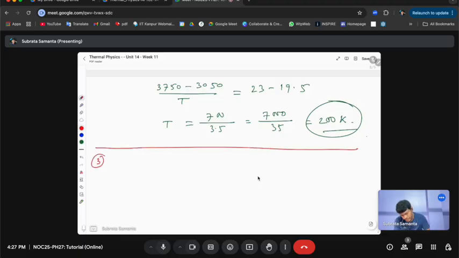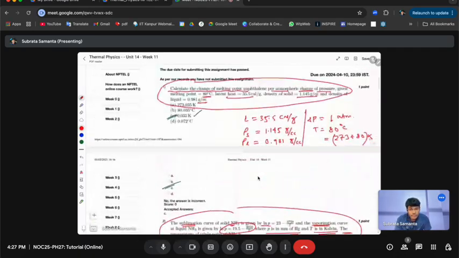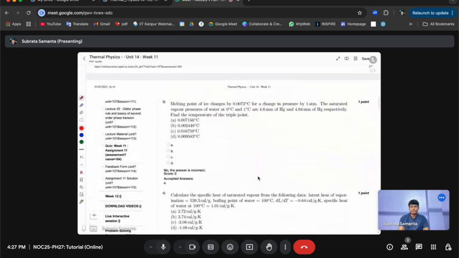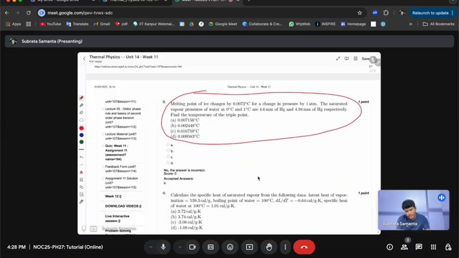This is problem number 3. The melting point of ice changes by this amount, let's say delta T, 0.0072 degrees centigrade, for a change in pressure delta P of 1 atm.